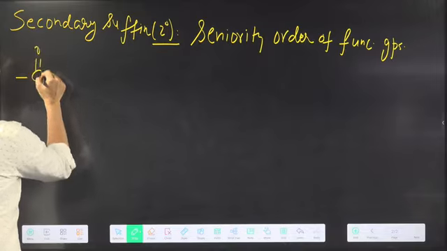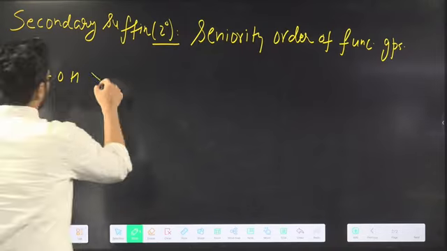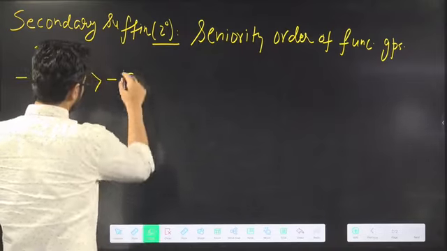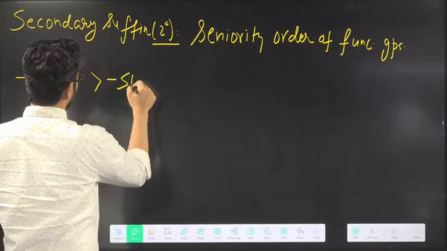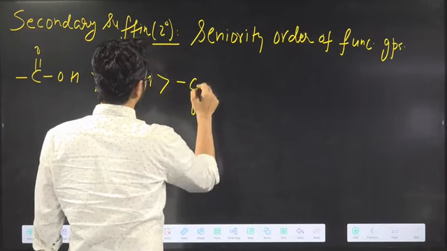First is which group? Carboxylic acid. Then after that, sulfonic acid. Then it is anhydride.